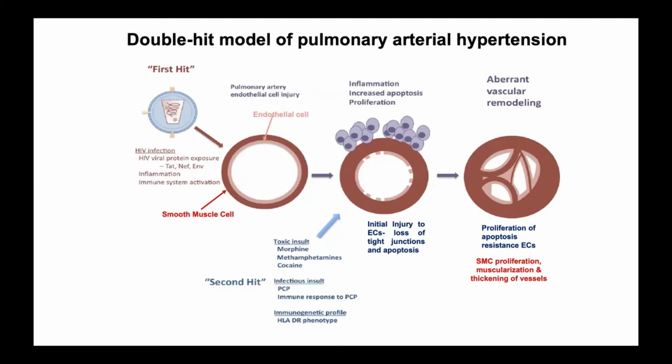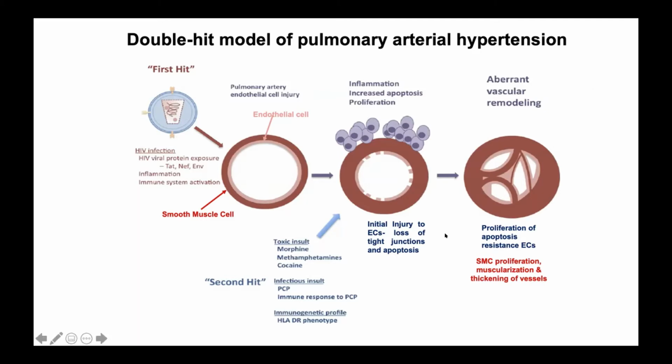The first injury happens on the endothelial cells, when there is loss of tight junctions on the endothelial cell layer and cell death due to apoptosis.